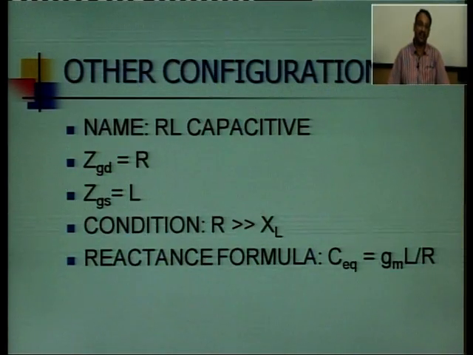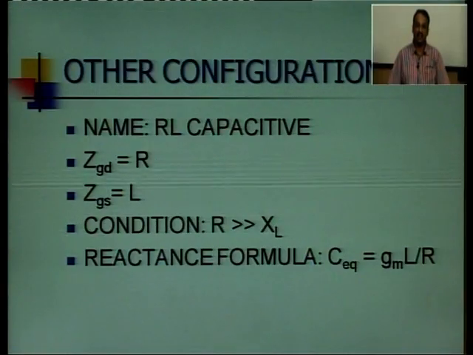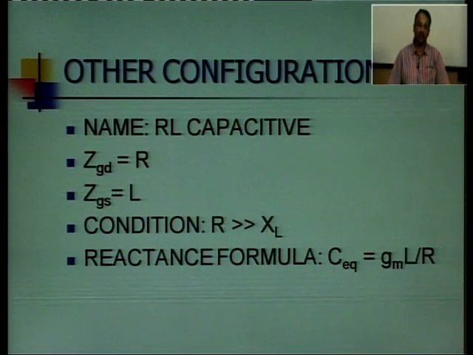This variable reactance is connected across a tuned circuit whose frequency is equal to 1 upon 2 pi under root L into C. So, accordingly, either it is inductive or capacitive, overall frequency of the tank circuit varies. So, in this case, with the applied voltage, the frequency varies and we get an FM output.